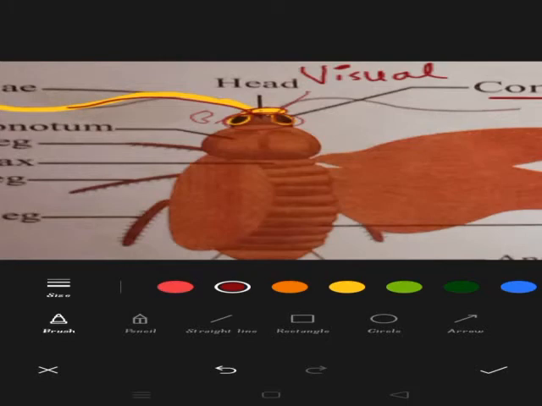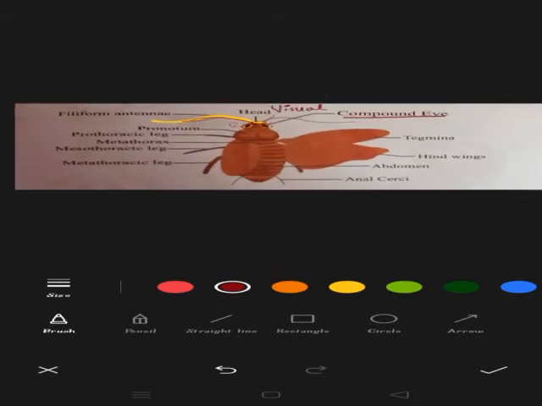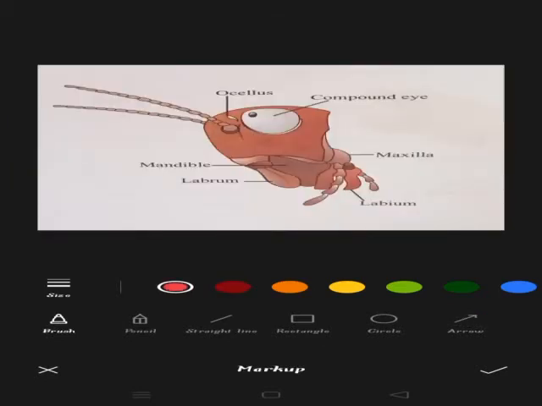So let us discuss the mouth parts. I'll zoom in and show you the mouth parts of the cockroach. This is the figure of the mouth parts.